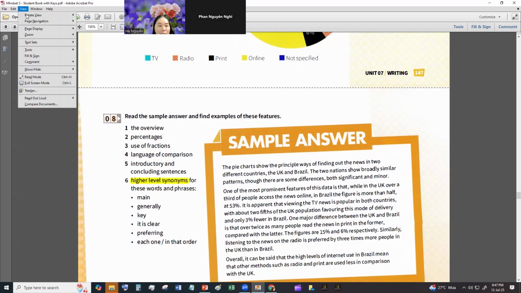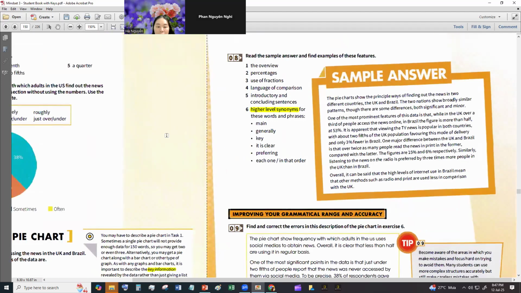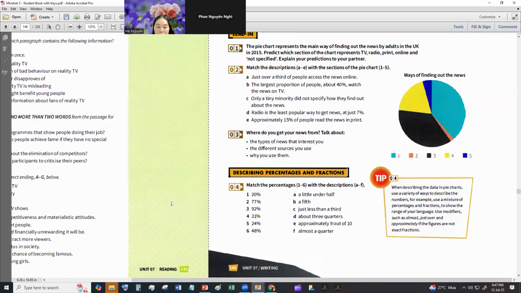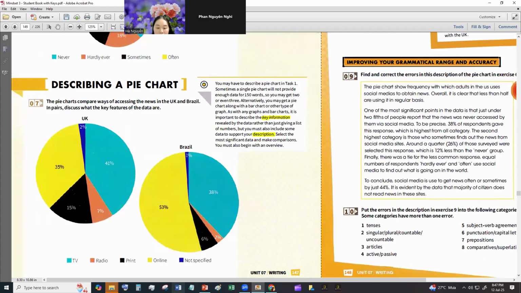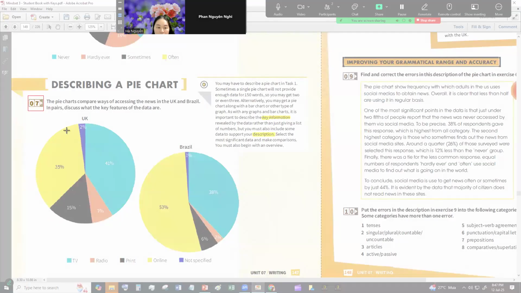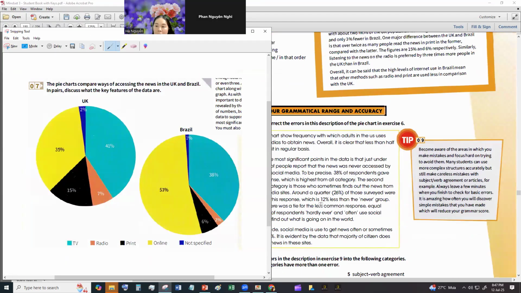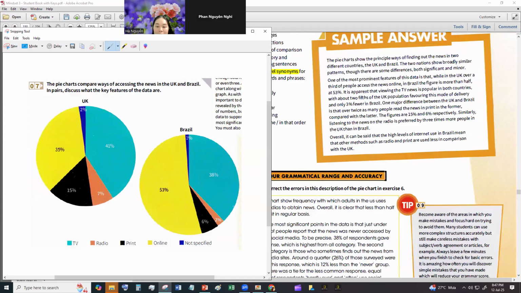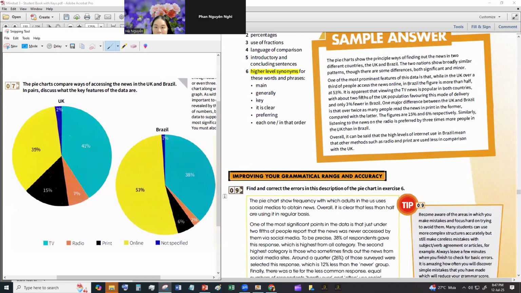Okay, let me just view the 2 page. All right, I'll just copy the pie chart. Just a moment. Okay, so, oops, the question is covered for it.